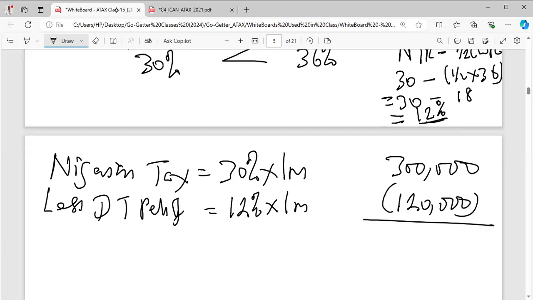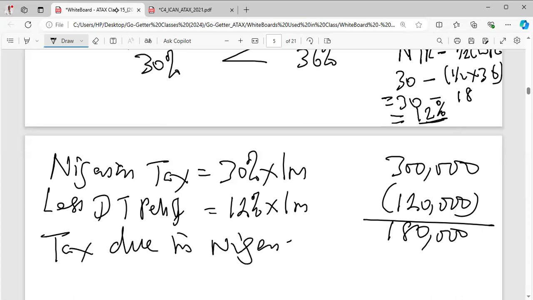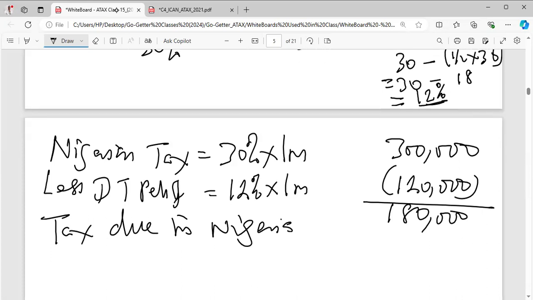So he's paying 180,000. So tax due in Nigeria is 180.